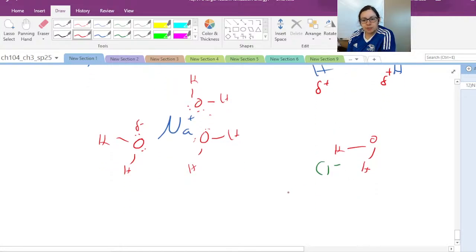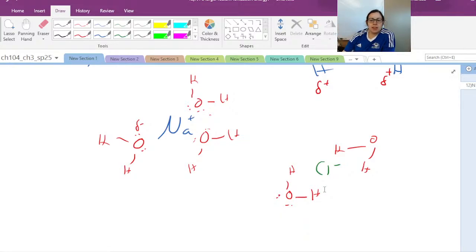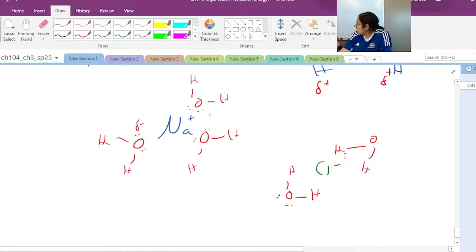Opposites attract. And so that's how it's able to solubilize it, at least from a basic understanding. I'll bring my models hopefully on Wednesday to class so you can kind of play with that and see it.